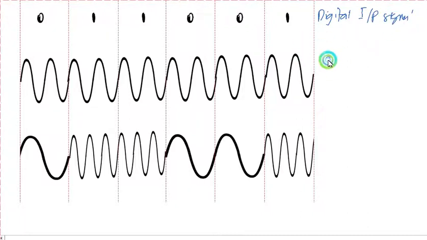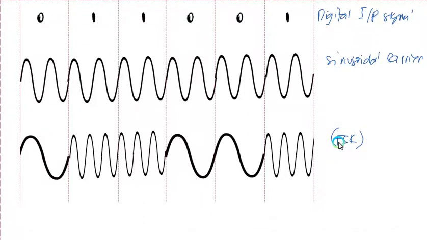This is your sinusoidal carrier. And this is our frequency shift keying signal, your FSK output. So this representation shows three parts. We have a digital input signal 011001, the sinusoidal carrier wave, and the FSK waveform.